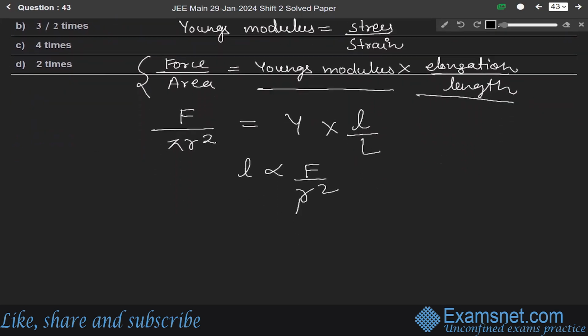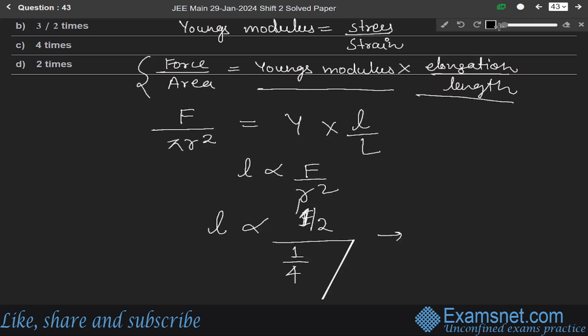Now, according to the question, the force and radius reduce to half of their original values, means elongation l is directly proportional to half, means 1 by 2 of force, and 1 by 2 of radius means 1 by 2 whole square, which is 1 by 4.